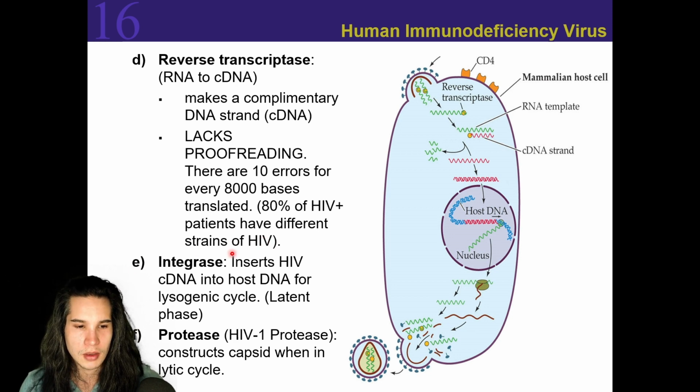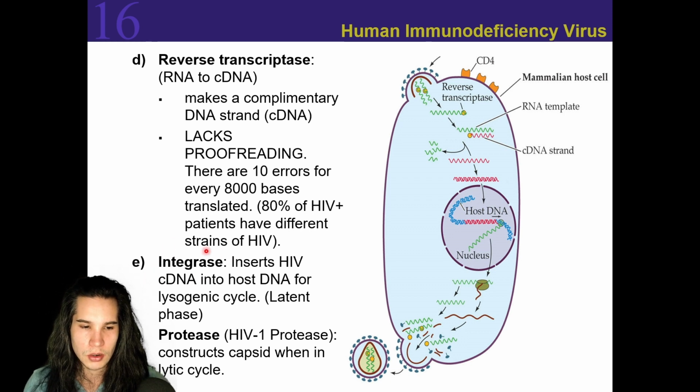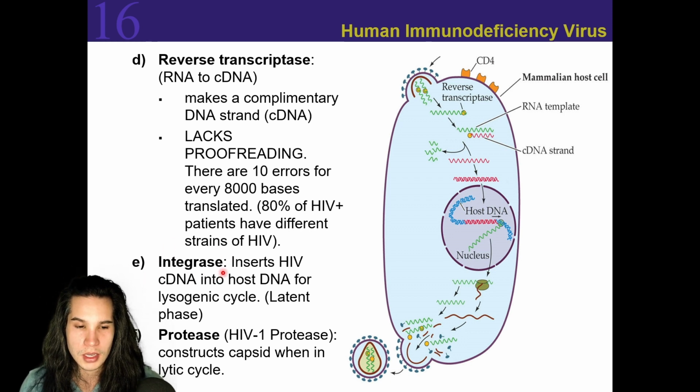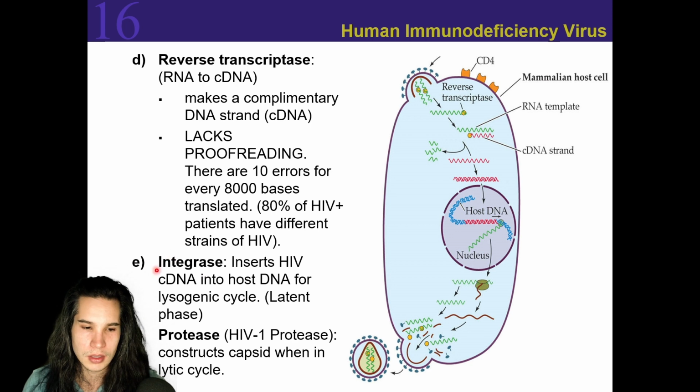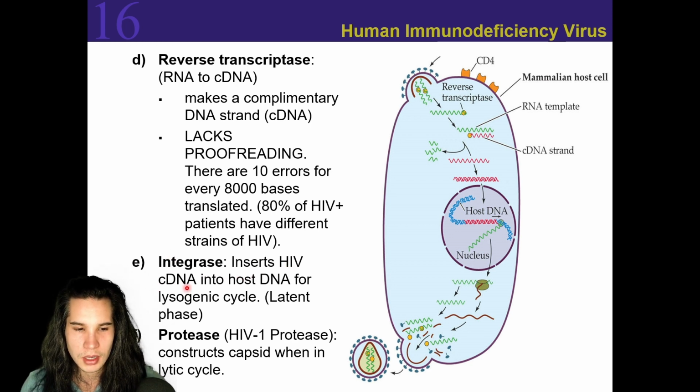HIV is also going to code for another enzyme called integrase. The 'ase' meaning it's an enzyme, and integrase kind of sounds like integrate. What it's going to do is integrate the HIV complementary DNA into the host DNA for its lysogenic cycle, the latent phase.